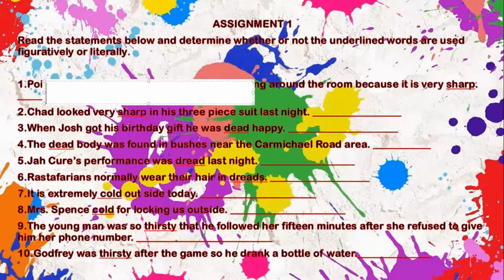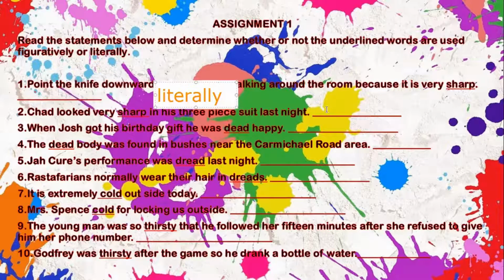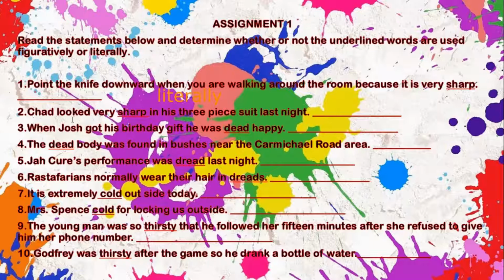is used literally because we're able to find the definition of sharp within the dictionary and apply it to this sentence here. So for number one, sharp is used literally. For number two, on the other hand, Chad looked very sharp in his three-piece suit last night.